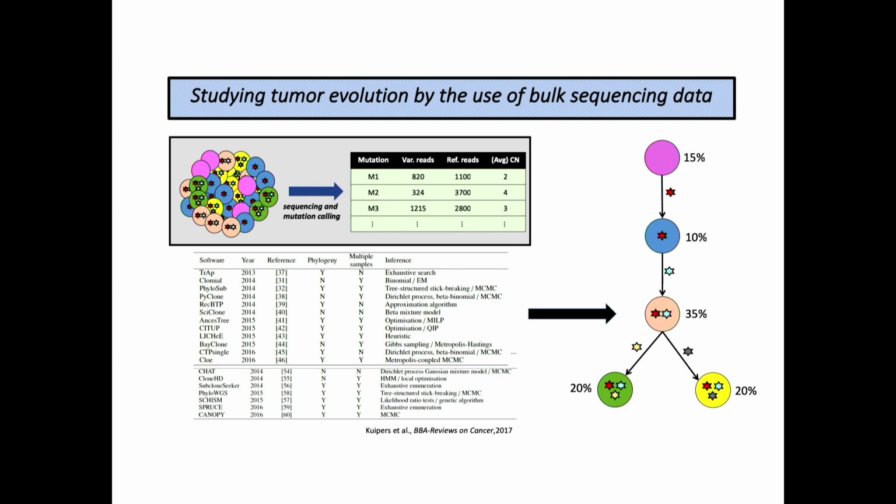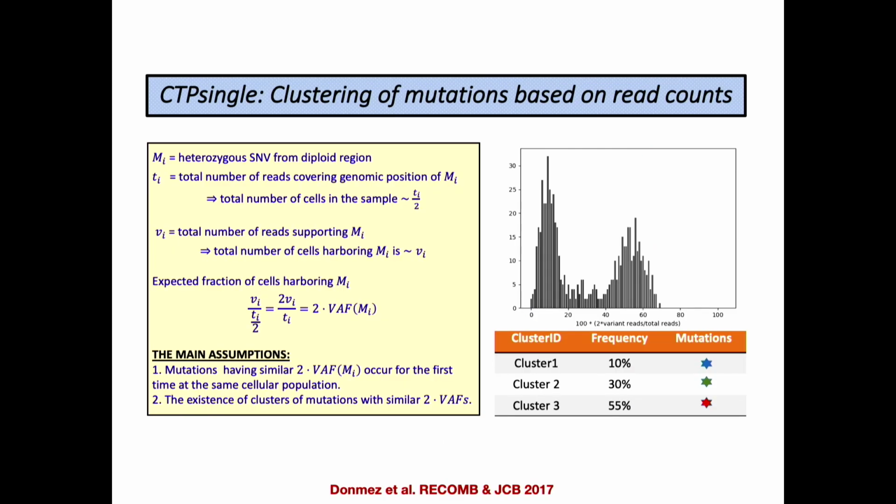And each one of these tools eventually aims to come up with a tumor phylogeny. So in its simplest form, if you have the typical 30-40x coverage data with short reads, how do you figure out the clonal composition of the tumor? The idea is very, very simple. You're given the variant allele frequency depicted in the vertical axis, and the total number of reads with that particular variant allele frequency depicted in the horizontal axis.